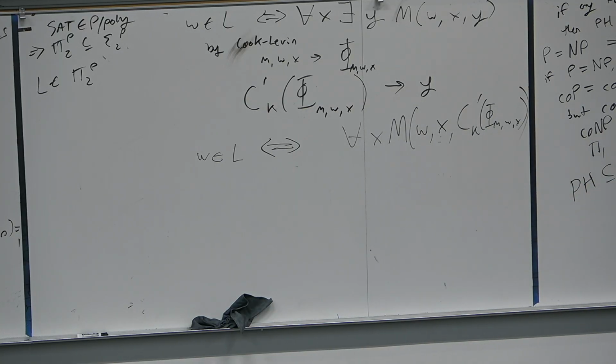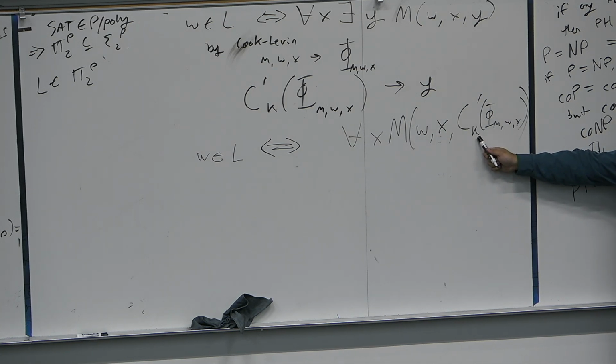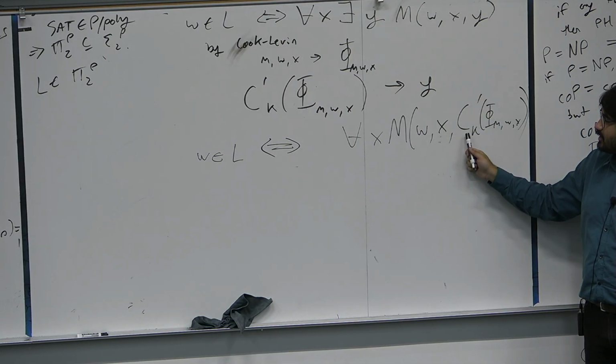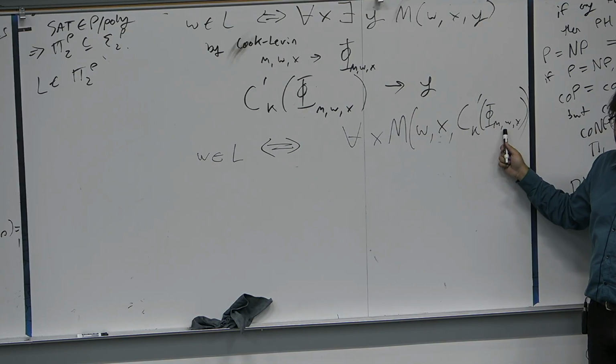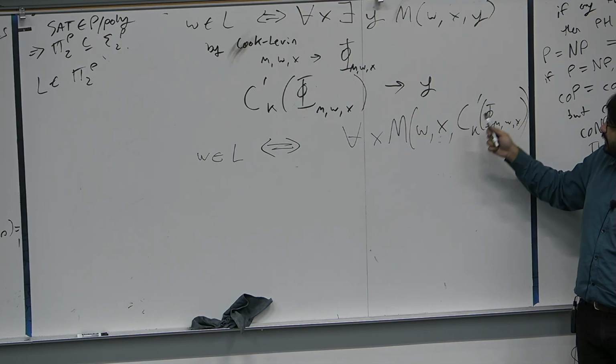So instead of Y having to be non-deterministically guessed or quantified over, the machine will just take the circuit and simulate it on the CNF that is reduced from it. So this is called self-reducibility. You take the machine and you ask it a question about its own CNF.